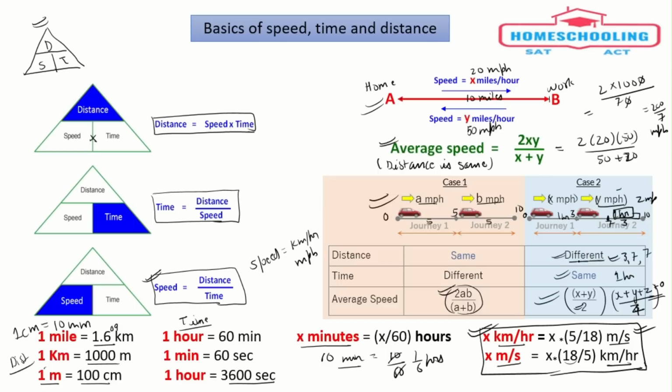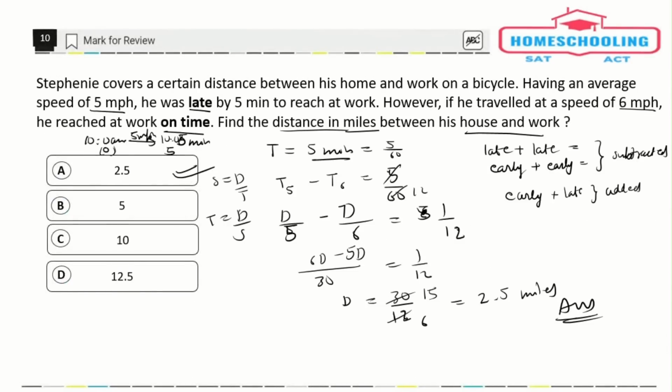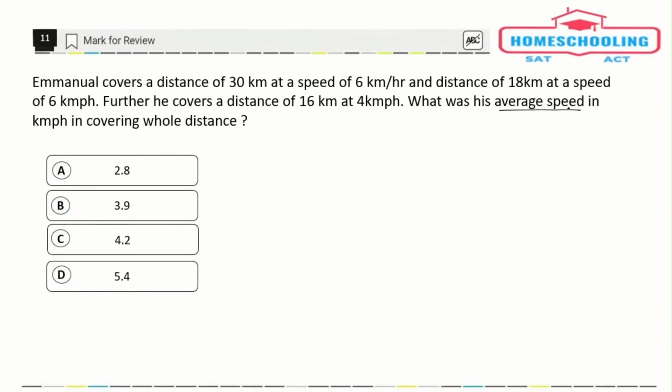So in the question, the last question, which we're solving right now, the distances are different, but time should be the same to use these types of formula. But in question number 11, which we are solving right now, distances are different, but time should be the same. Then only we can use that formula.